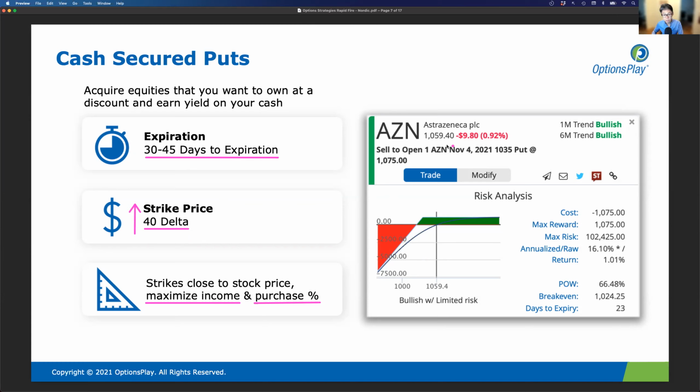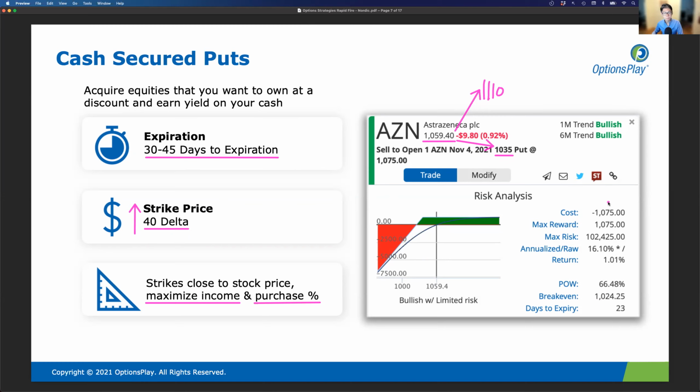So here, AstraZeneca was the same thing, 10.59. Remember the covered call before we sold was at 11.10. That's about 50 crowns above the current price of the stock. Here, we're selling a cash secured put at 10.50.